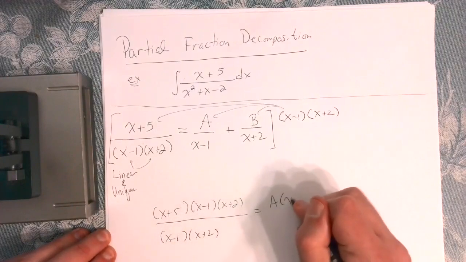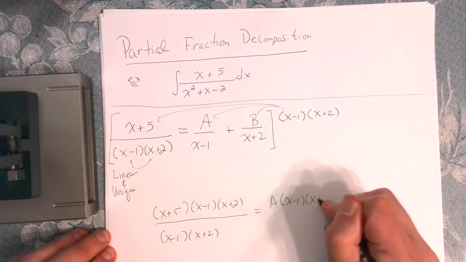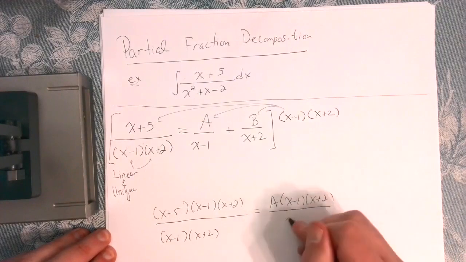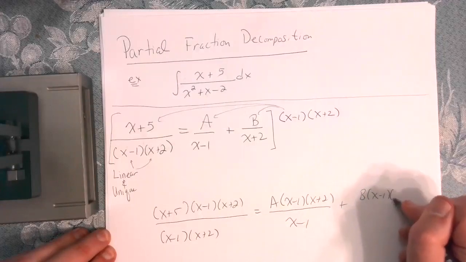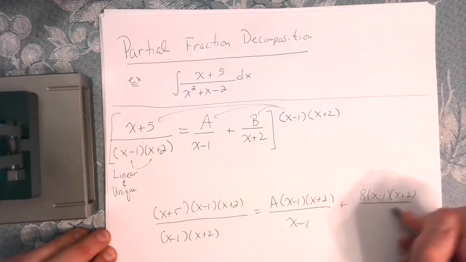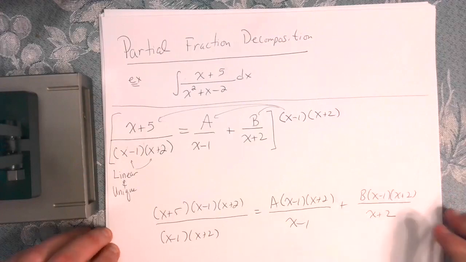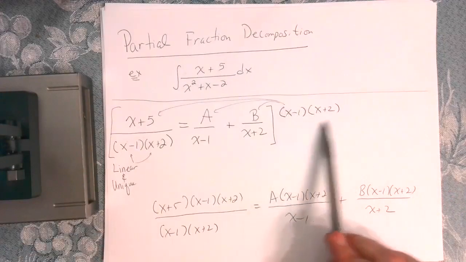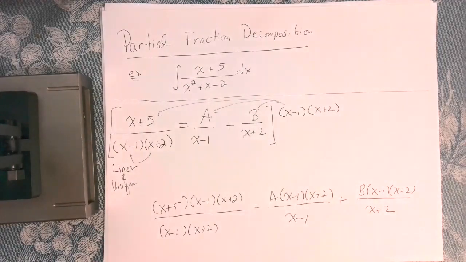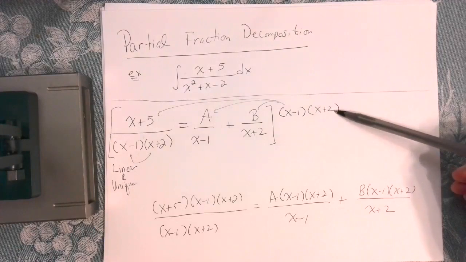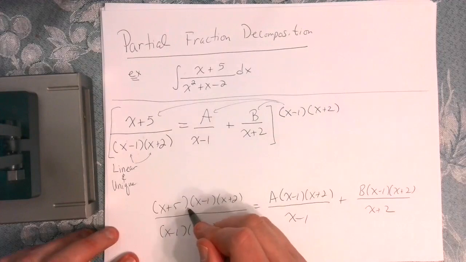Okay, so we've got A times (x - 1)(x + 2) over (x - 1), and then B times (x - 1)(x + 2) over (x + 2). I really did just distribute this to all three terms. Notice the canceling that's going to happen. That's the entire point of multiplying by this. The canceling is going to get rid of all the fractions, exactly what we were looking for.